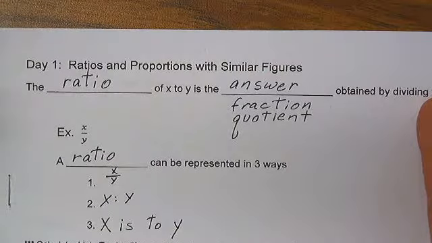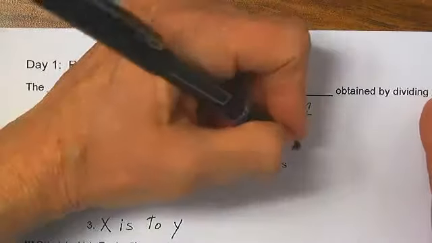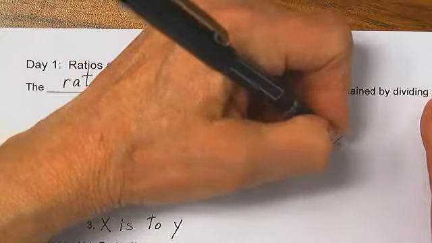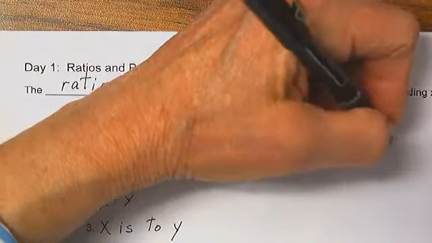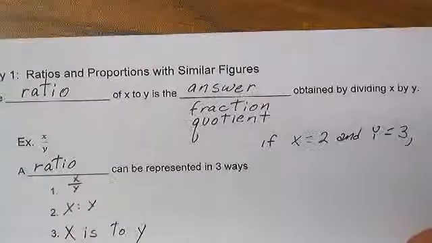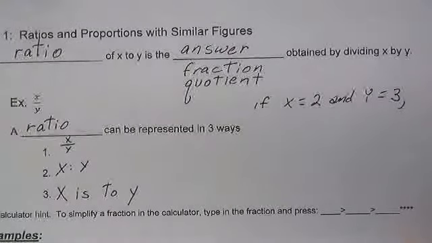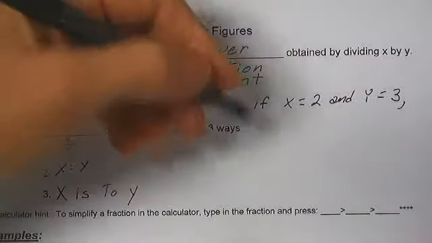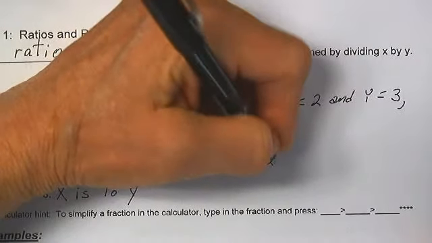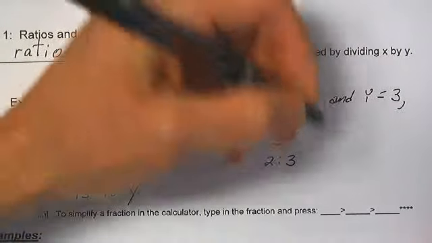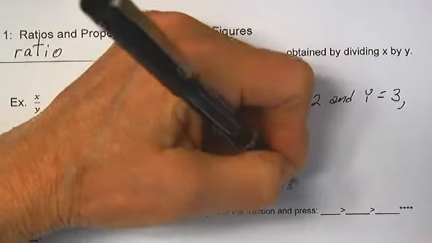So, for example, if x equals 2 and y equals 3, then the ratio of x to y would be 2 over 3, or 2 is to 3, or 2 to 3.